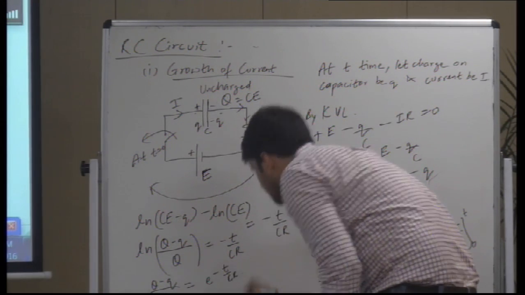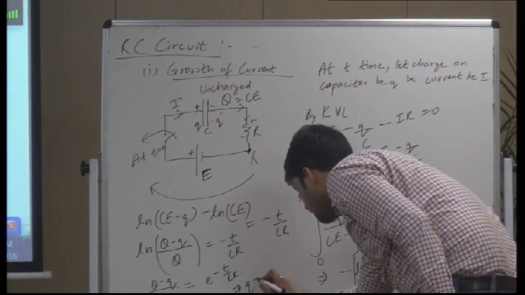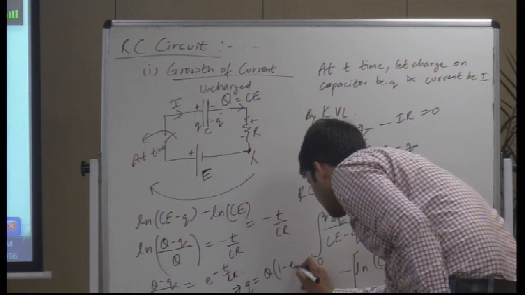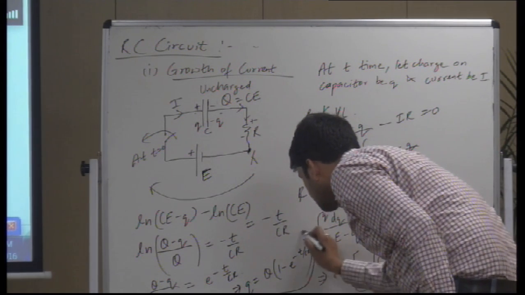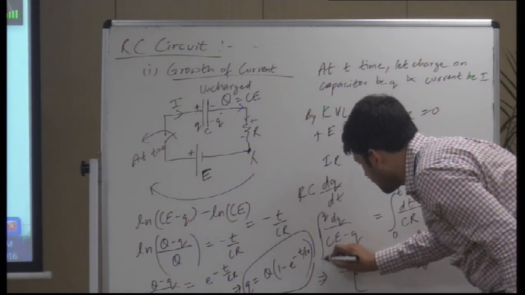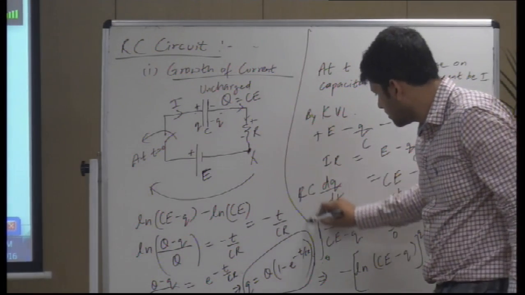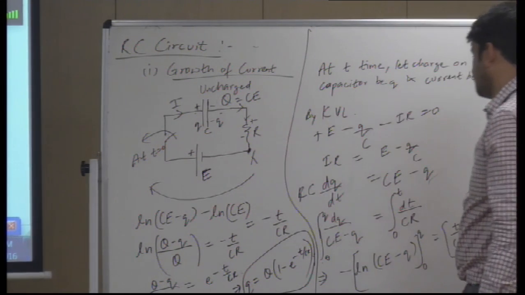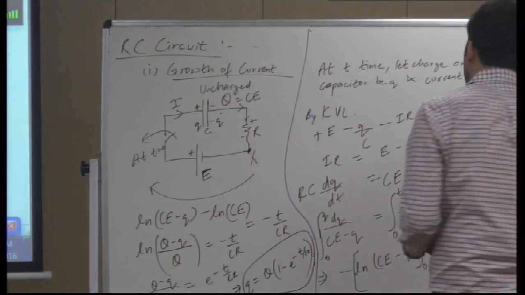You can find the charge: the charge would be q equal to Q(1 minus e raised to power minus t by CR). I hope it's all clear, still clear, nothing is crowded. This is the charge.